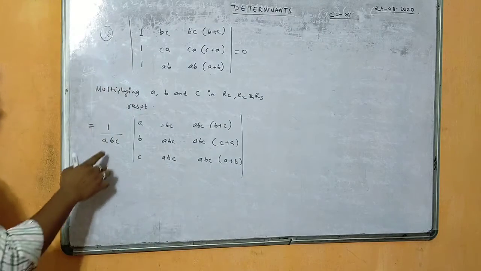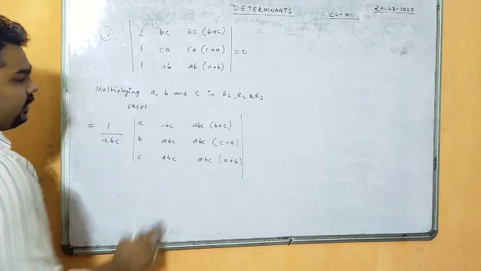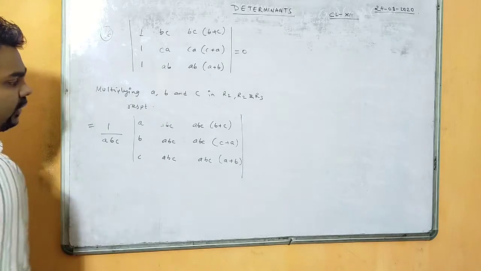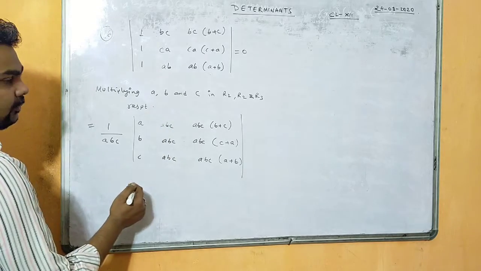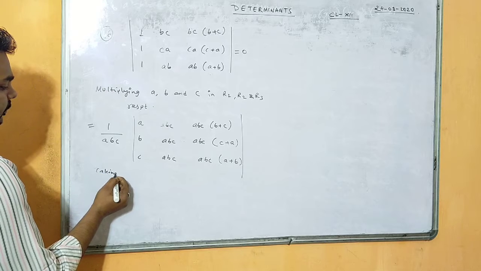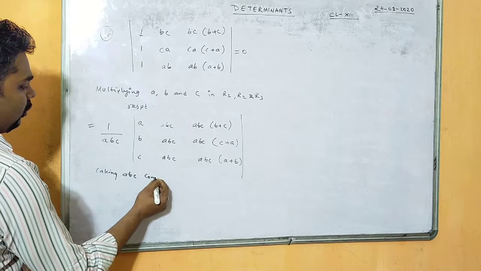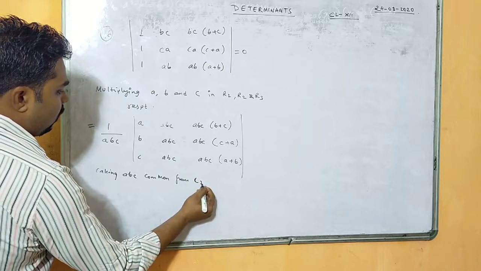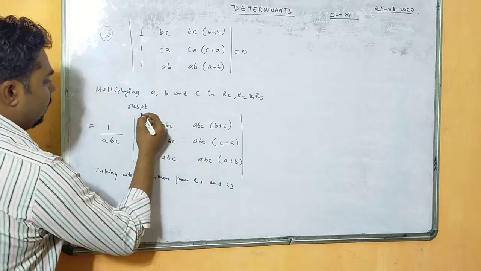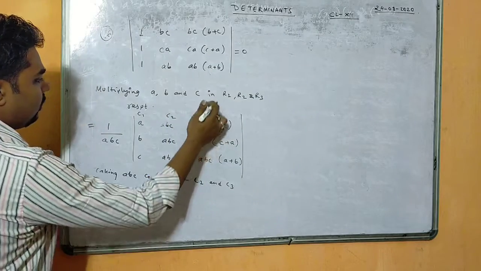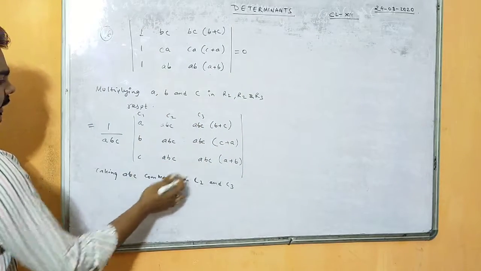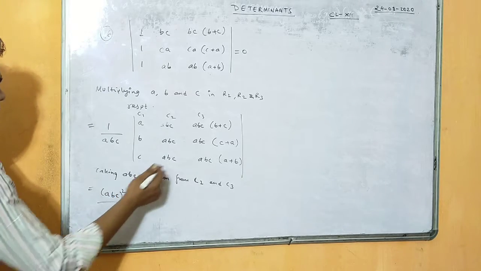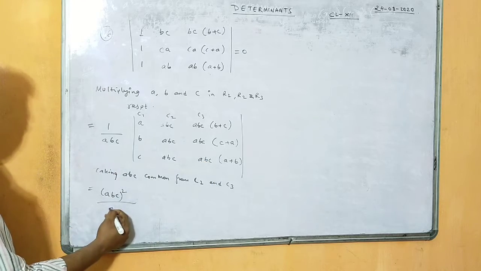So when you are multiplying A, that means A with each and every term of row 1, B with each and every term of row 2, and C with row 3. Now we can take ABC common from column 2 and column 3. This is column 1, this is column 2, this is column 3. So from column 3 and column 2, we will take ABC common, that means ABC whole square, because we are taking common from both the columns and already one ABC is outside.